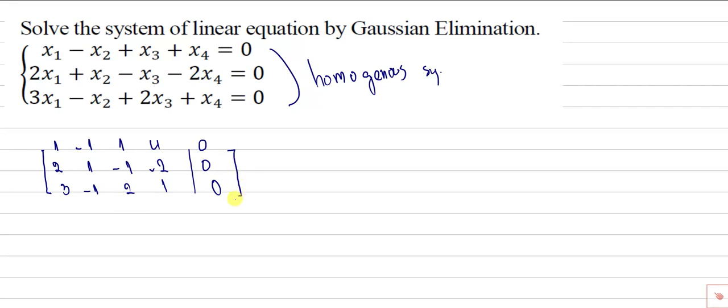So for the first Gaussian elimination, we want the entries of column 1 in row 2 and row 3 to be 0.